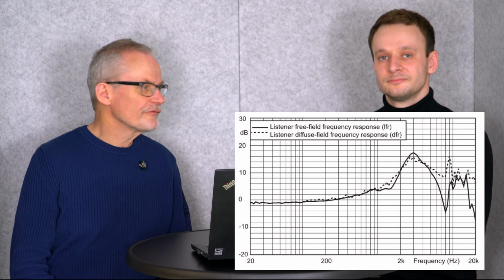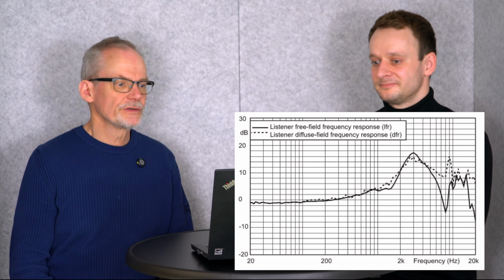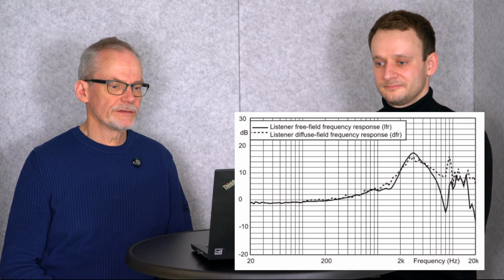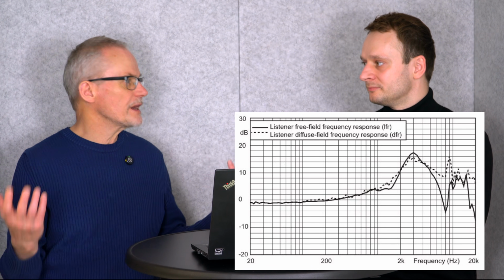And yeah, so it's a long thing to talk about, all these target curves. And so it's good to look back where we have been the last time. So that was the diffuse field and the free field curves. So again, just to remember, the solid curve is the free field curve, the diffuse field frequency response is a dashed curve, and yes, they are all measured with a dummy head.